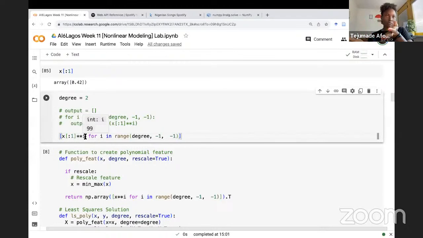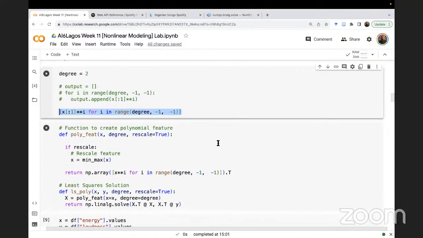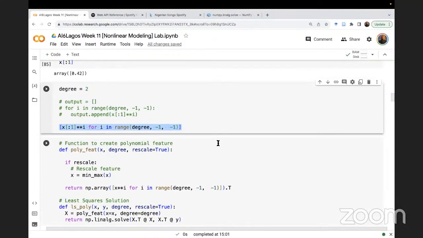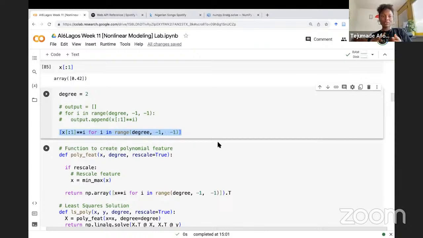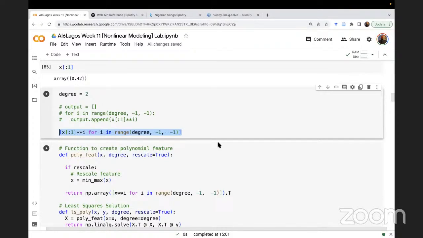If I run this cell right now, what do you think I will get? You're going to get the power of the value of x, for 0, 1, and 2. 0.42 to the power 0 is 1. So 1, 0.42, and 0.42 square.